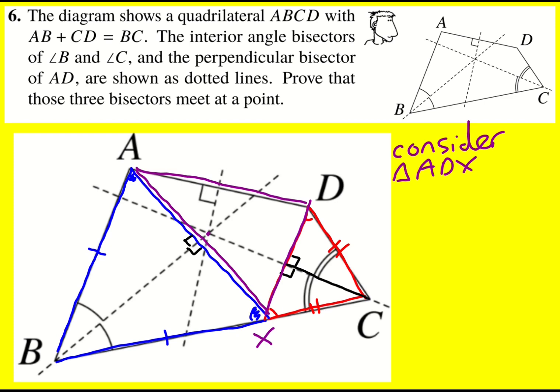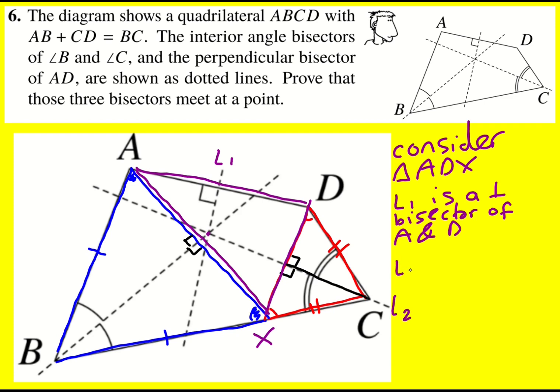Now we have, I'm going to label it L1. So L1 is a perpendicular bisector of A and D.